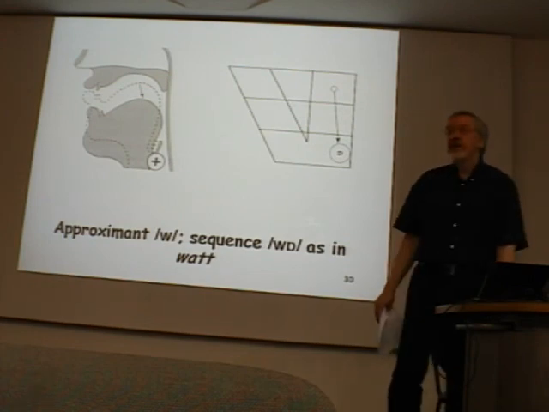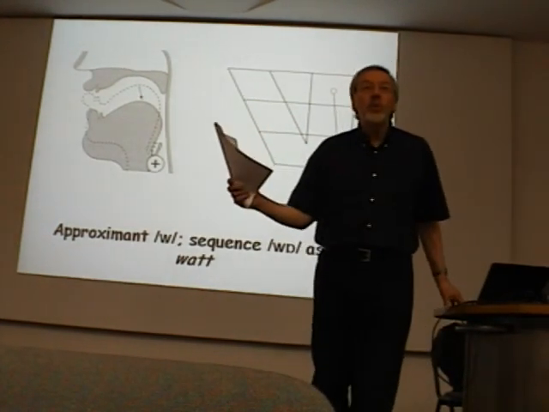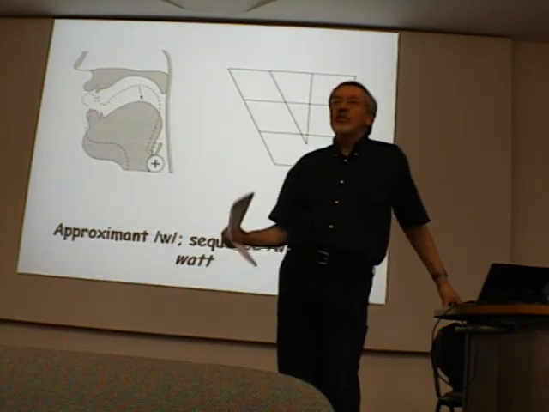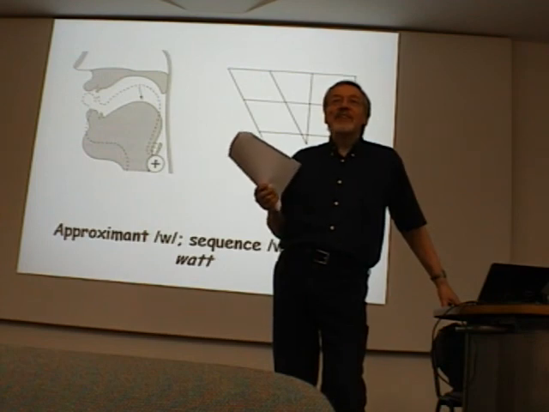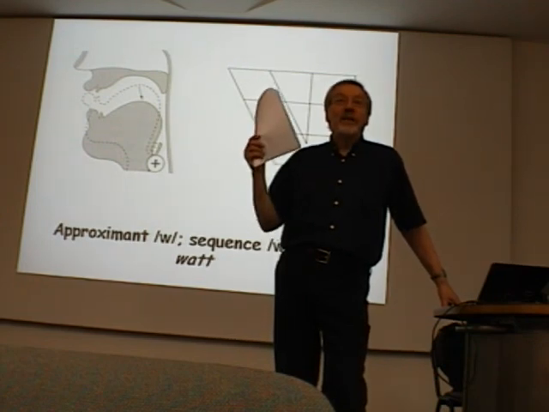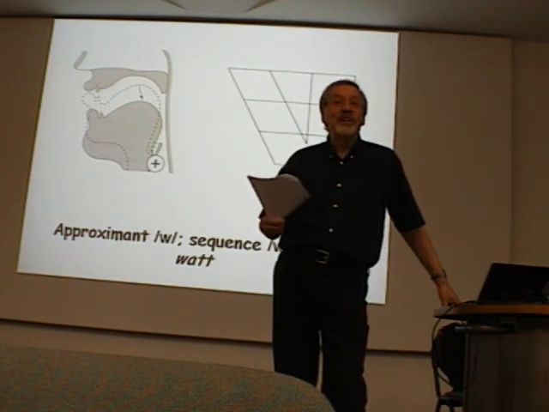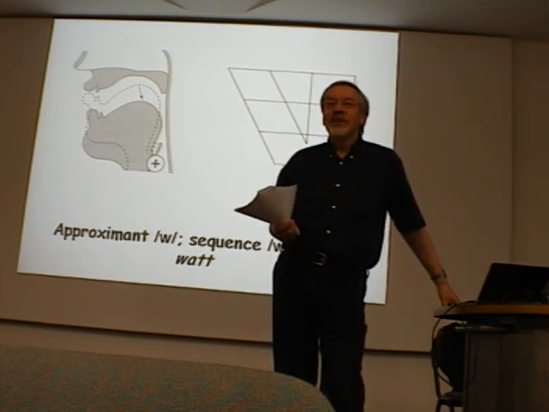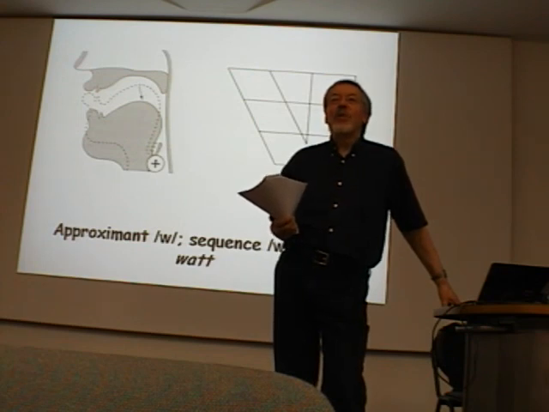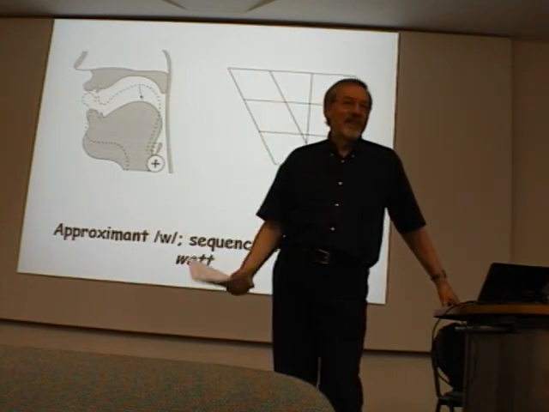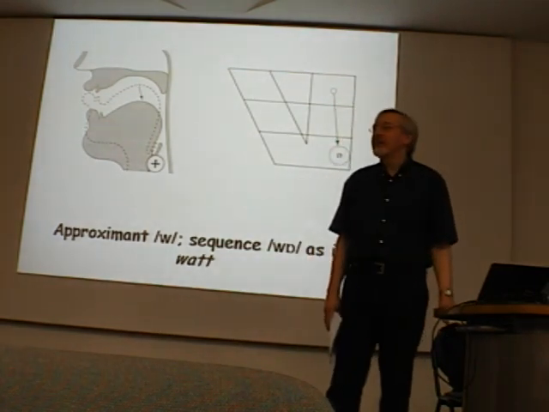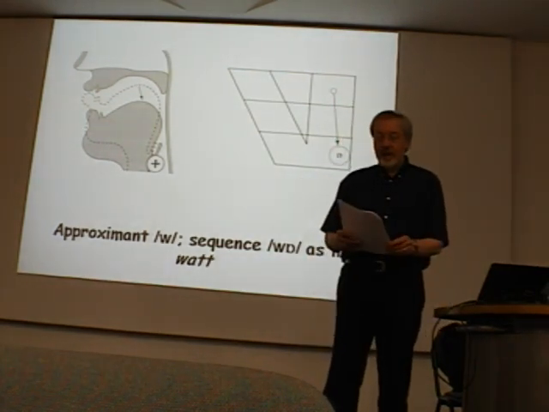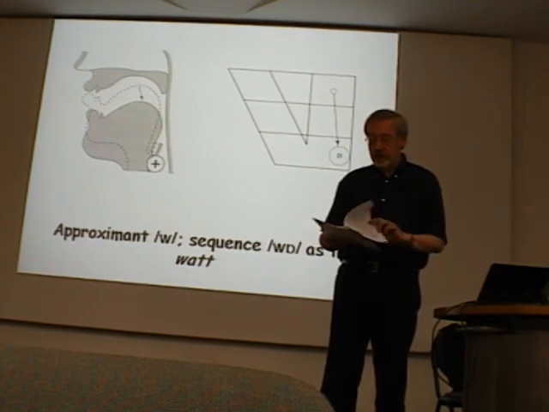So if you say an oo type vowel, say oo, and then you go on to an o type vowel, and say oo-o, everybody. Oo-o, and then put a T on the end. You have the word watt, unit of electricity. Watt, everybody. Watt. Okay. So that then gives you a way, once again, of getting at these approximant sounds.